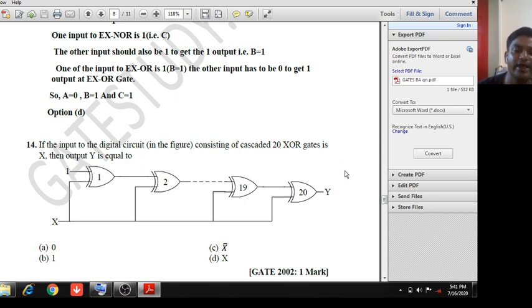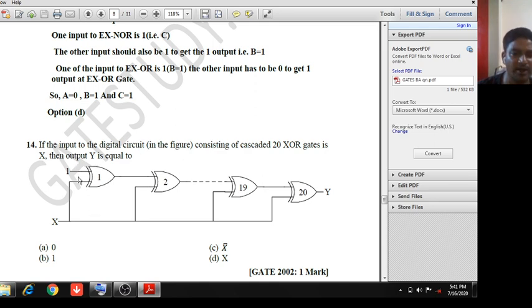The same way you can calculate here. You have to remember, in case of XOR gate or XNOR gate, if you are getting result in even gate, in all even gate you will get the same result, and in case of odd gate you will get the same result in all odd gates.